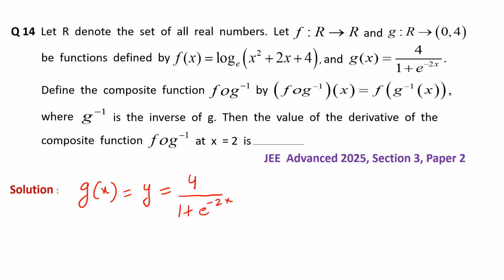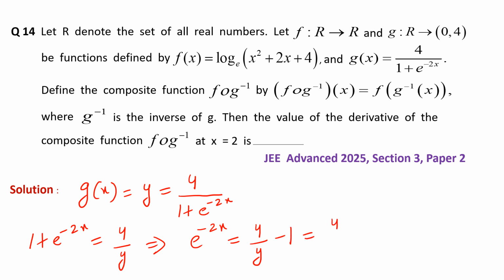Now from here I can write 1 plus e to the power minus 2x equal to 4 upon y. This implies e to the power minus 2x is equal to 4 upon y minus 1. This further becomes equal to (4 minus y) divided by y.